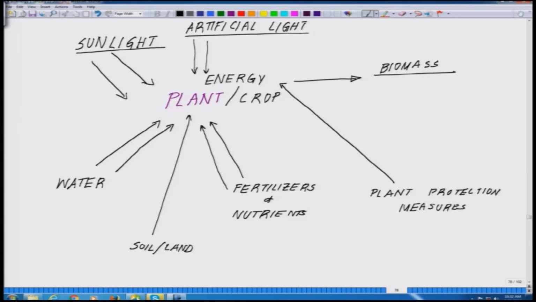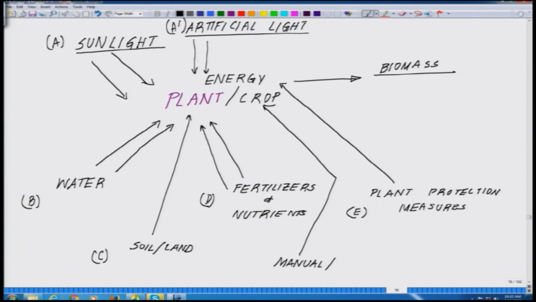So, say A, or A prime if it is an artificial light source, B which is water, C which is soil and land, then D, the fertilizer and nutrient expenditure, and then E, plant protection. Then there is the involvement of manual or machine labor, depending on how big the farm size is. So, that is your F.